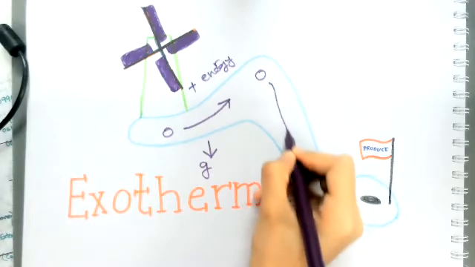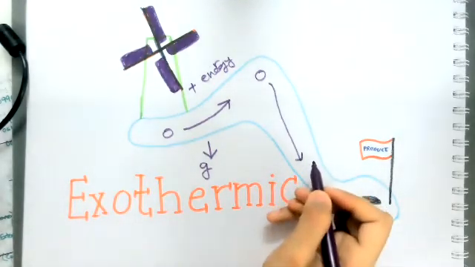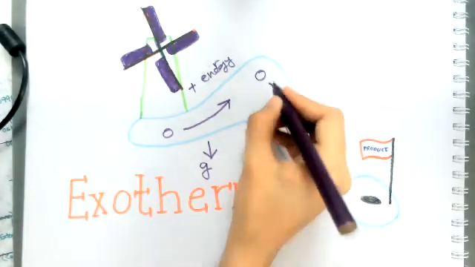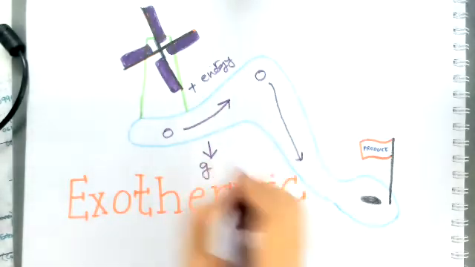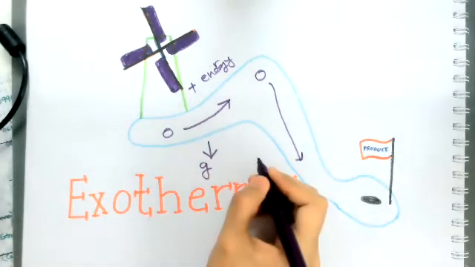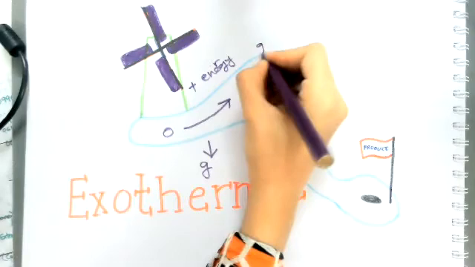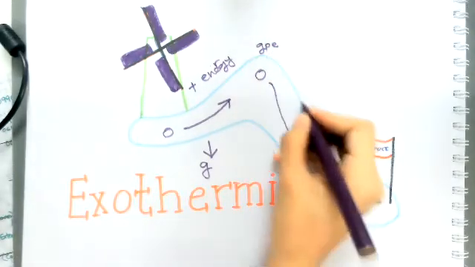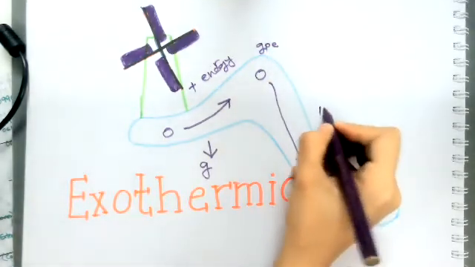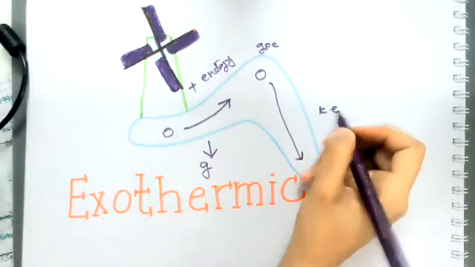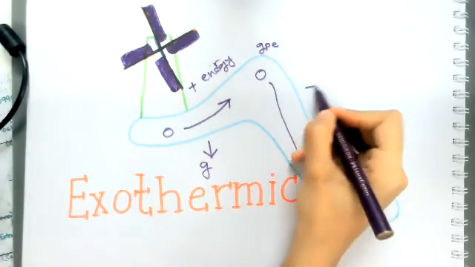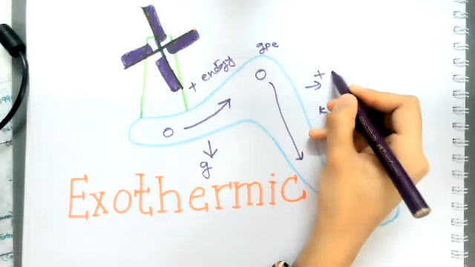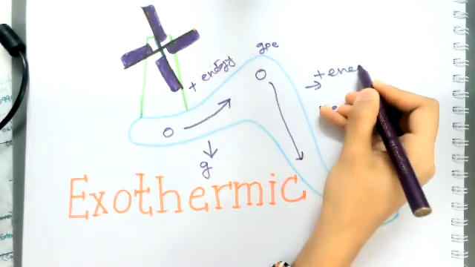Now it's going to move down on its own, right? When it's moving down on its own, I told you to think of this as gravitational potential energy. So we have gravitational potential energy here, and as it's going down, it turns into kinetic energy, right? So heat energy is, or heat is getting lost.